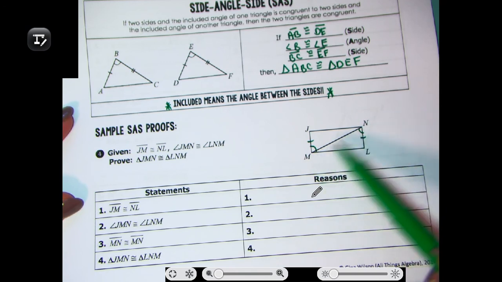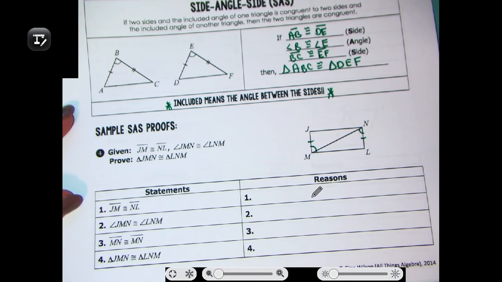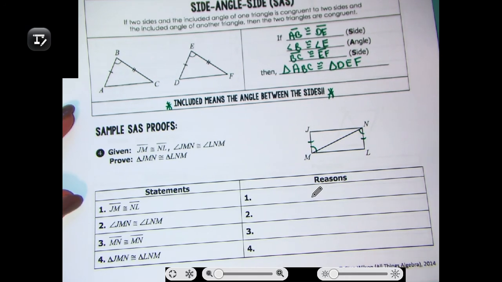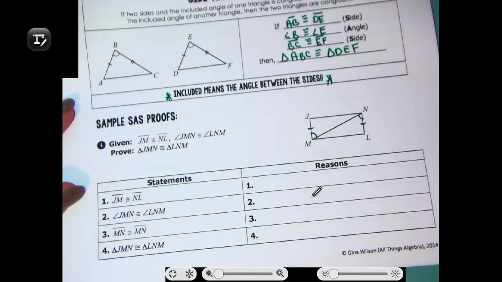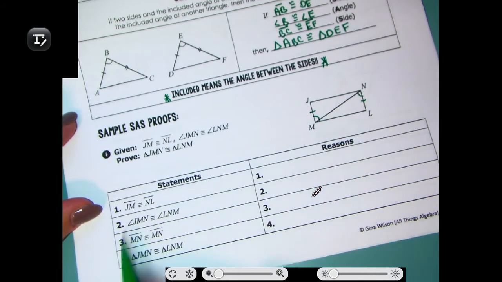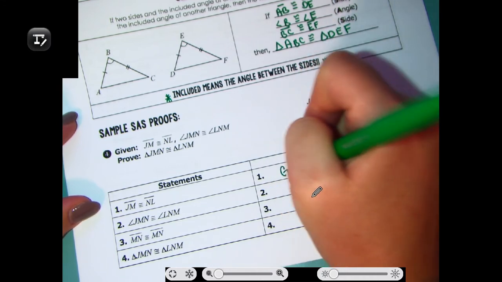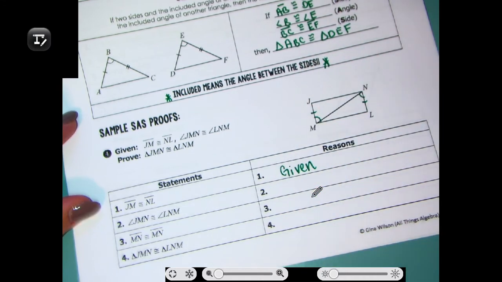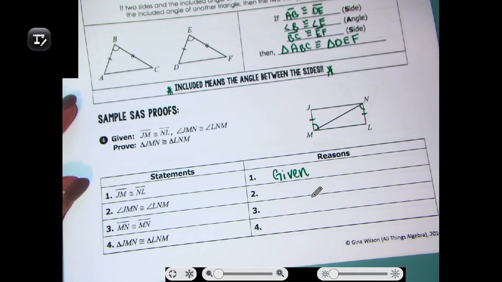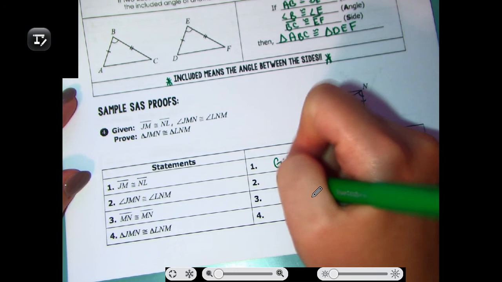When they share a side, that means the side is congruent to itself. So we're going to have to use the reflexive property to prove that that side is congruent, and that's going to give us our side angle side. So let's go through and label. JM, we have that, that is given. Angle JMN congruent to angle LNM, that is given.